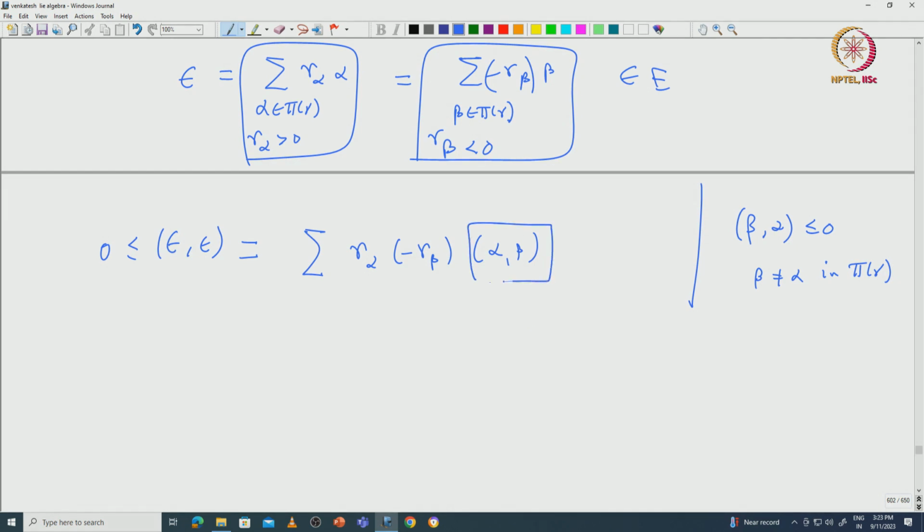That means this is at most 0, so it is less than or equal to 0. That forces epsilon to be 0.